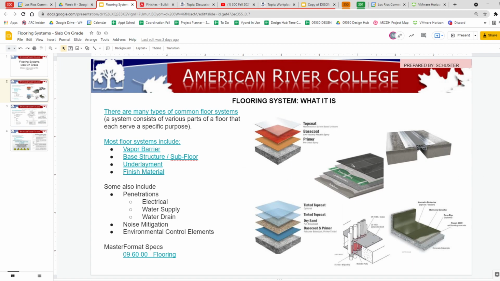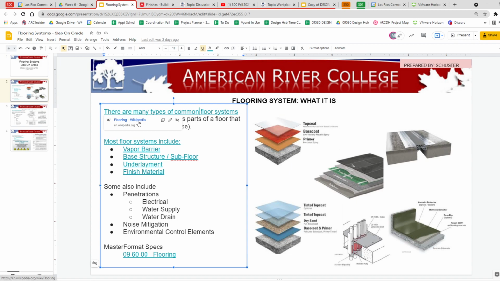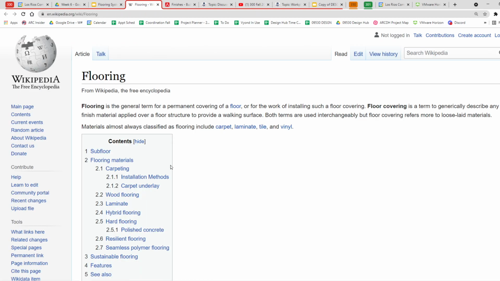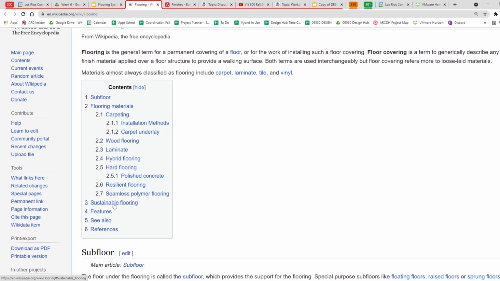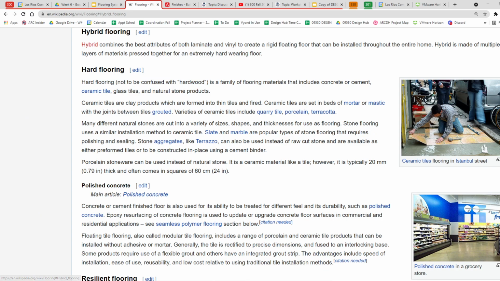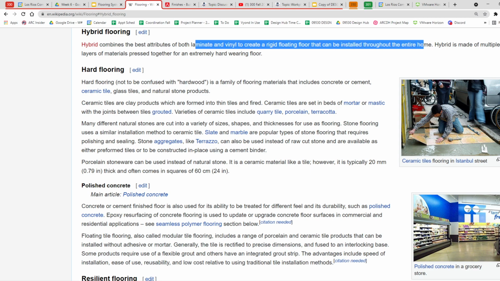Usually what I ask people to do is go read the headings. So floor materials, sustainable floorings. There's laminate, wood, hybrid. Huh. I wonder what hybrid flooring means. Laminate and vinyl. Oh, that's kind of interesting. Hard wearing floor. That's kind of cool.